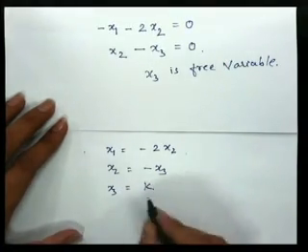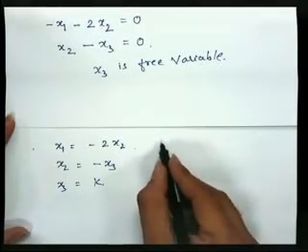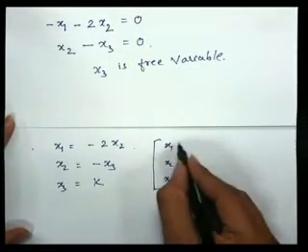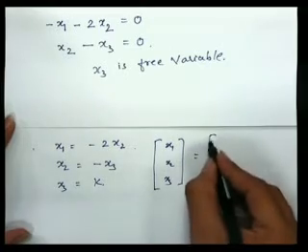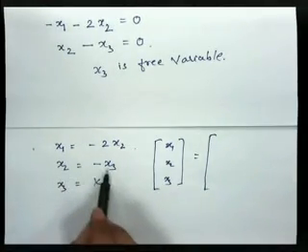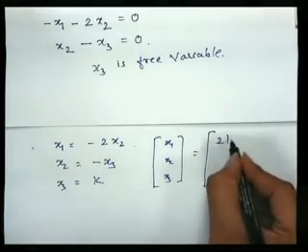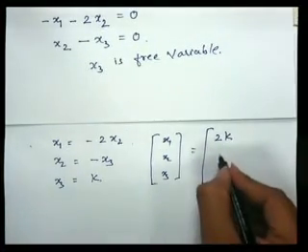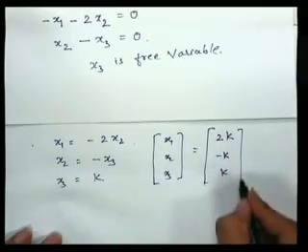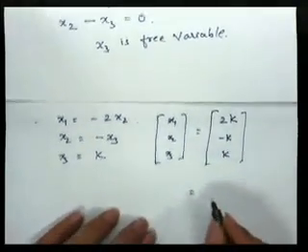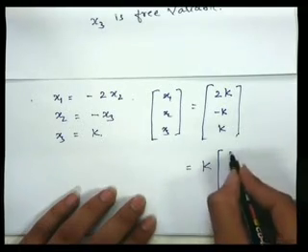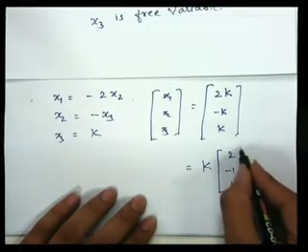Therefore the vector x1 x2 x3: x3 is k, so x2 is equal to k, x1 is equal to minus 2k. By taking k outside we have k times minus 2, 1 and 1.